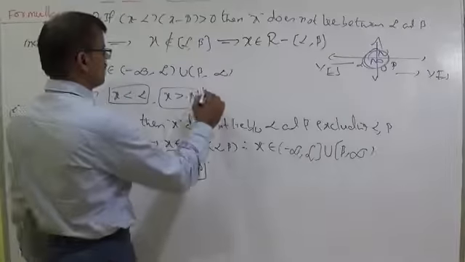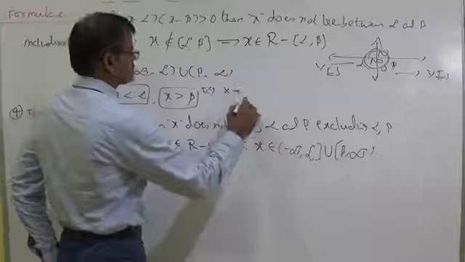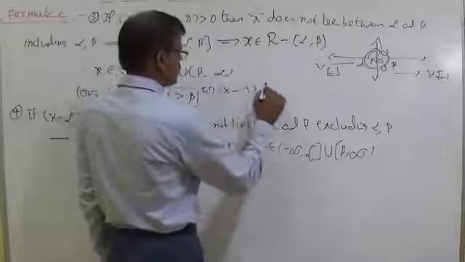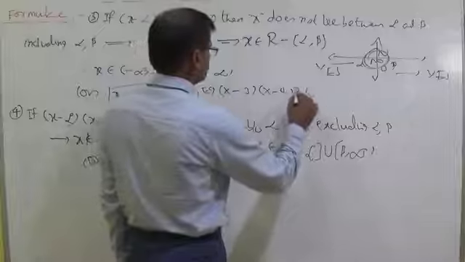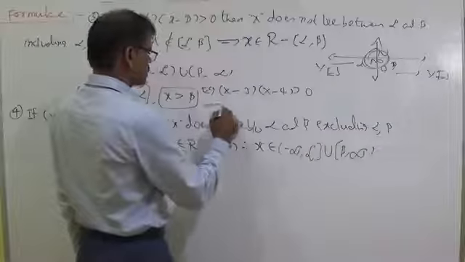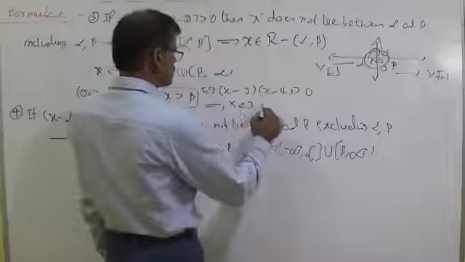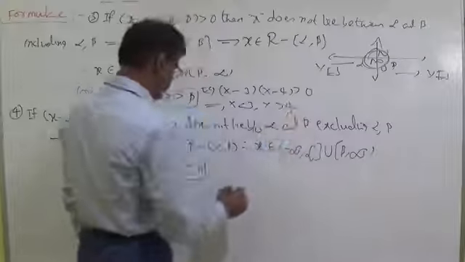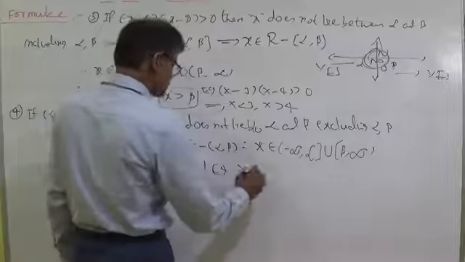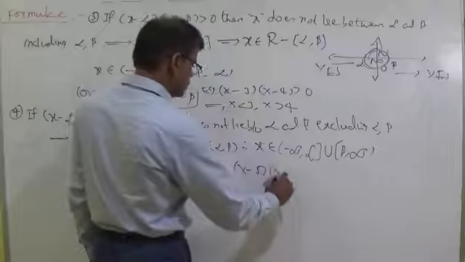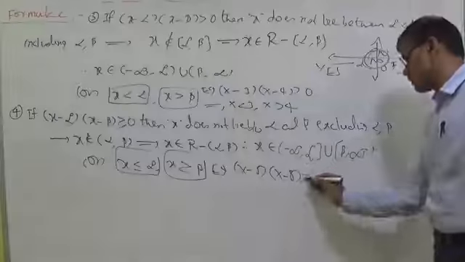This is the value. Let us consider an example. x minus 3 into x minus 4 greater than or equal to 0. That implies you can mention it in all manners. Simply I am writing x less than 3, x greater than 4. Let us consider another example: x minus 5 into x minus 8 greater than or equal to 0.